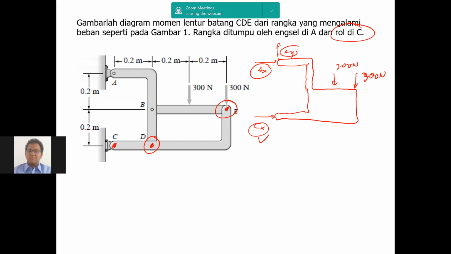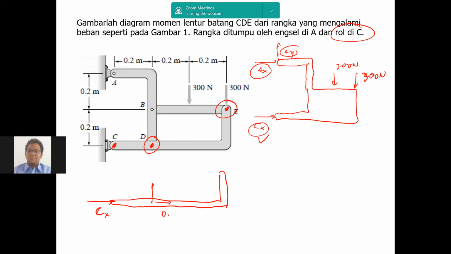So in this case, if we draw the free body diagram of member CDE, this is what we get. There will be Cx that we know from the beginning. At D here, it's supposed to be what, Raditya? Dx and Dy.